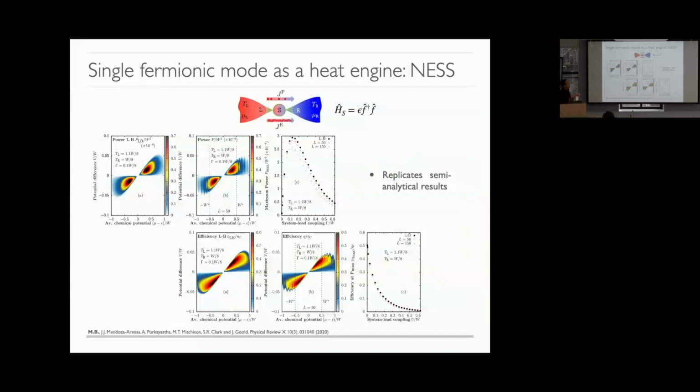If I have the resonant level model as your central system, it's a very simple model that you can solve with Landauer, but we wanted to use it as a benchmark. You can look at the power and the efficiency. What I'm showing you here is the power, these two butterflies. This is the power computed with Landauer, and this is the power computed with our approach.